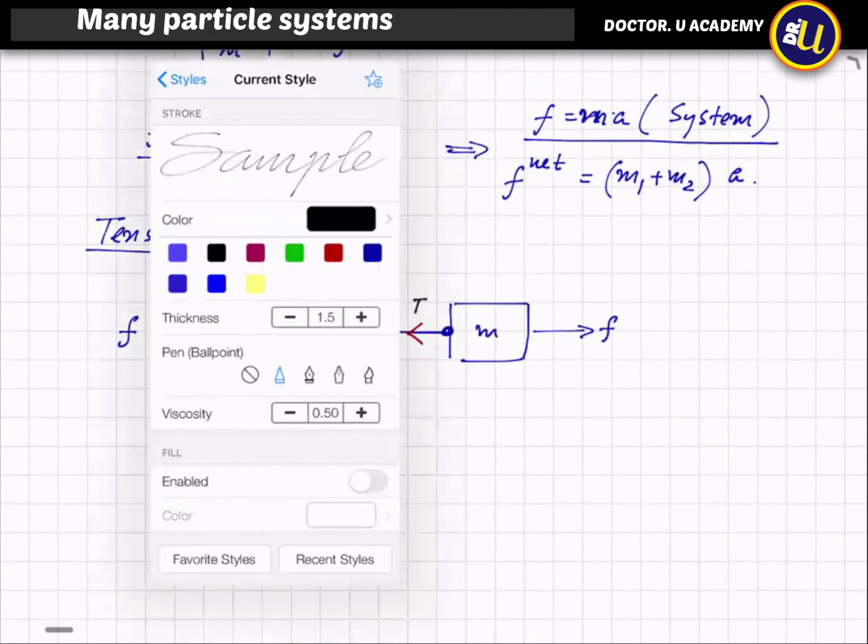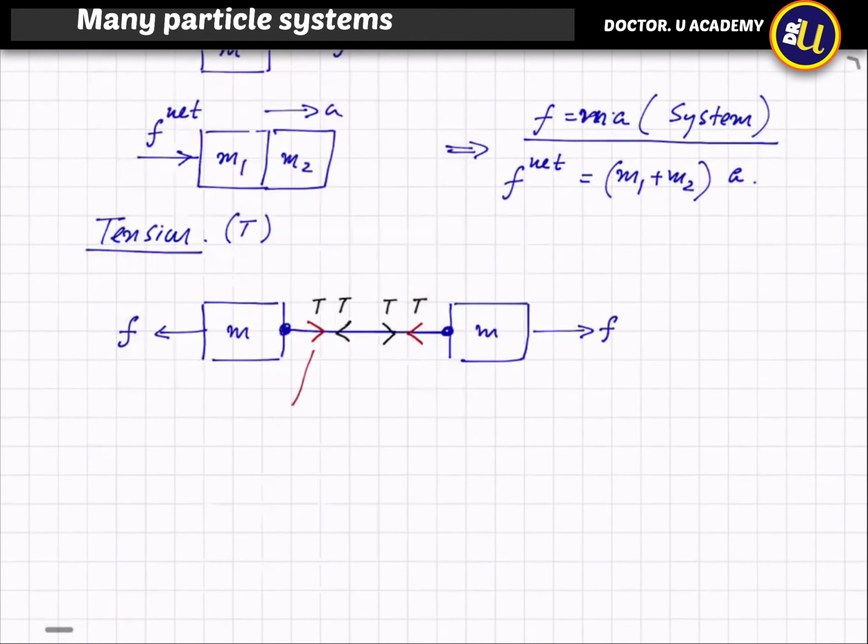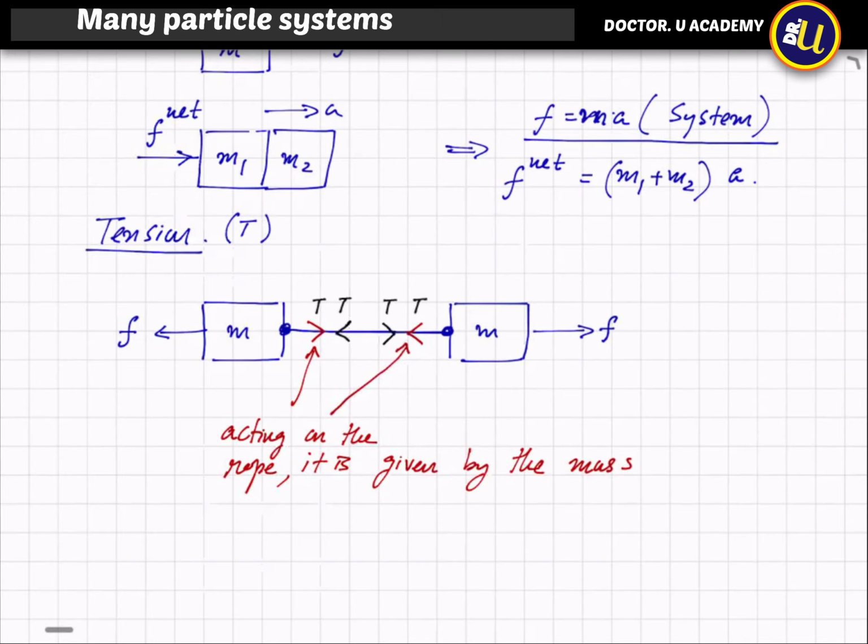Now we have to understand this tension force acting on the rope, but it is given by the mass.